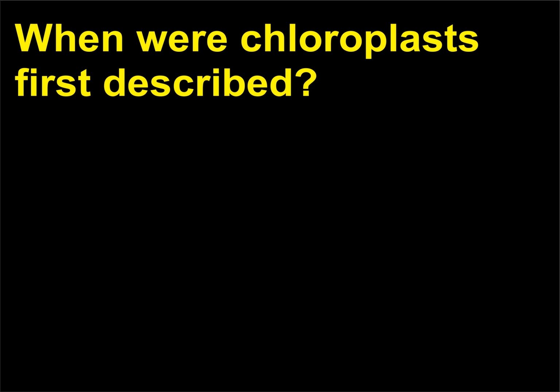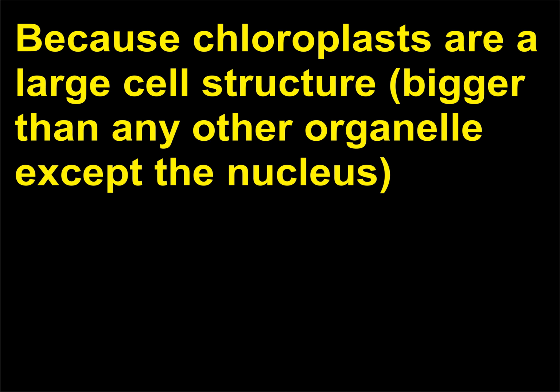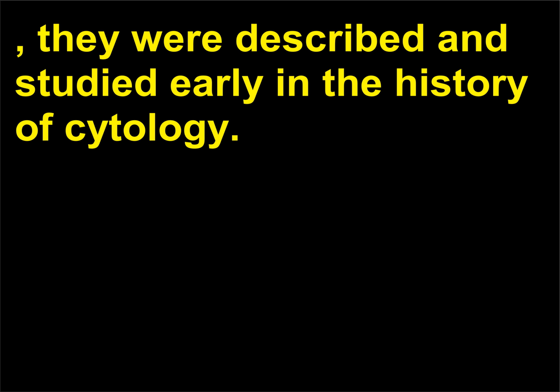When were chloroplasts first described? Because chloroplasts are a large cell structure, bigger than any other organelle except the nucleus, they were described and studied early in the history of cytology.